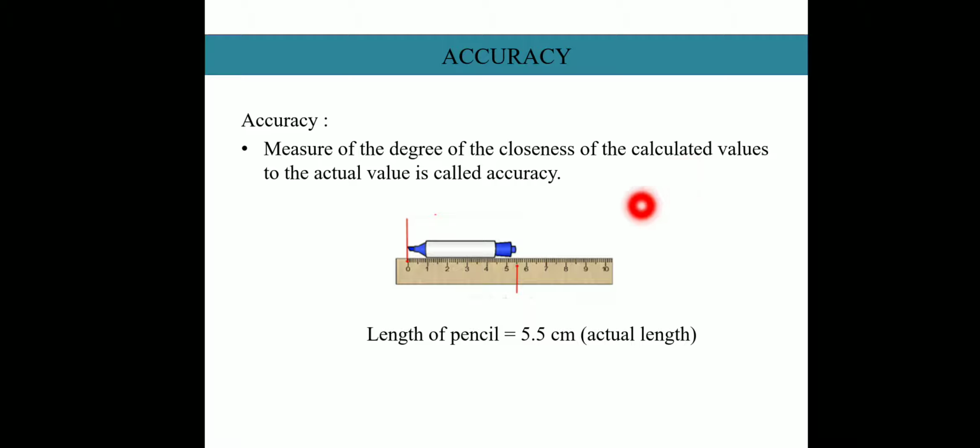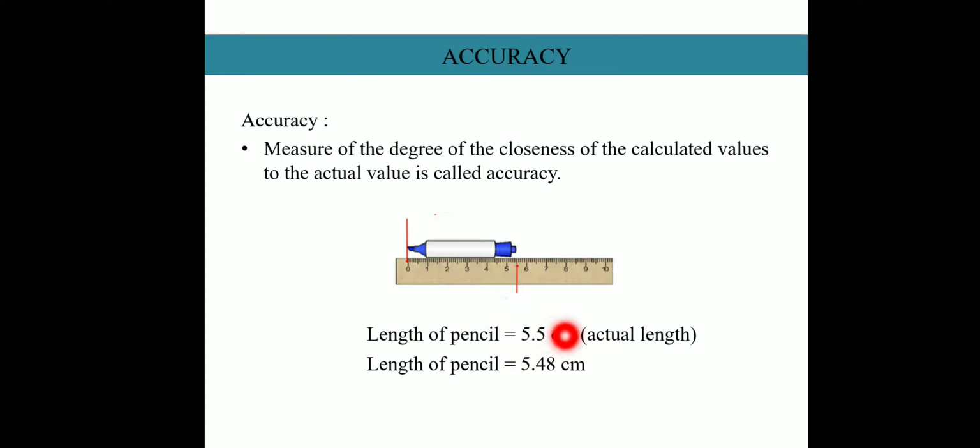When we measured, the length of the pencil came to be 5.48. The second value at the bottom is what we have measured using our scale, and the upper value is what has come from the company, which is written on the box or packet of the pencil.